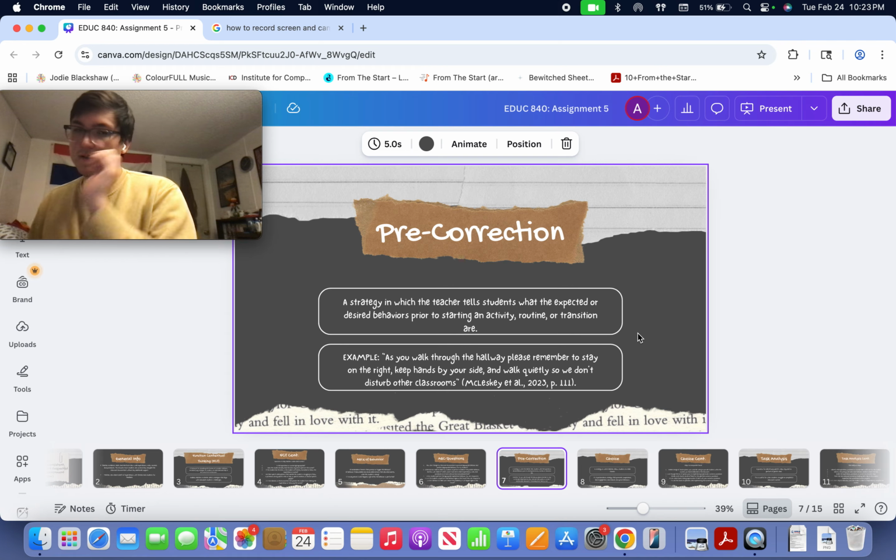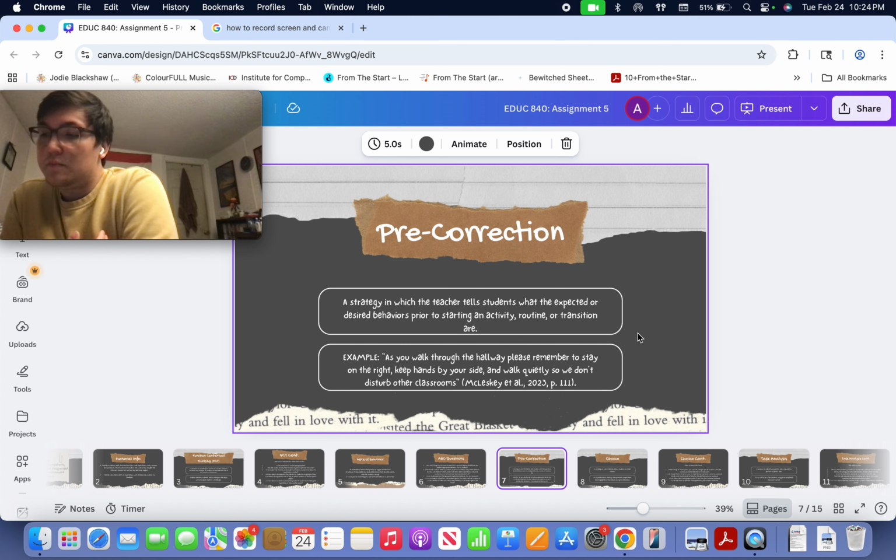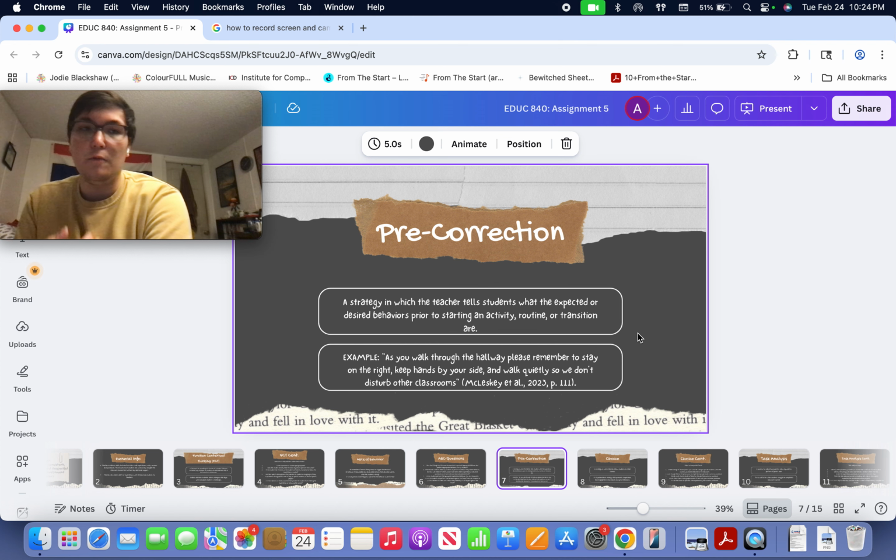So this approach is pretty effective, especially for students with more intensive needs. For students with more intensive needs, pre-correct should directly align with the already pre-existing classroom expectations and rules.